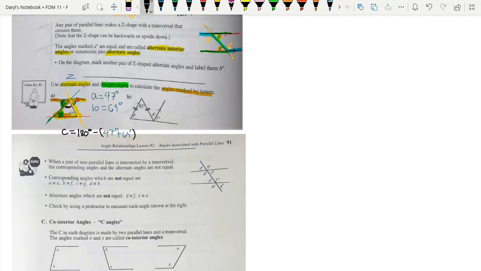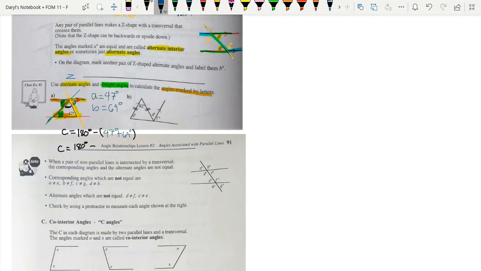Because again, angle C is part of that straight line there. So it's one of the angles along the straight line. So if you take the sum of C, A, and B, it will give you 180 degrees. But it's just the same thing as taking the difference. So C is just the difference of 180 degrees subtracted with the sum of A and B.